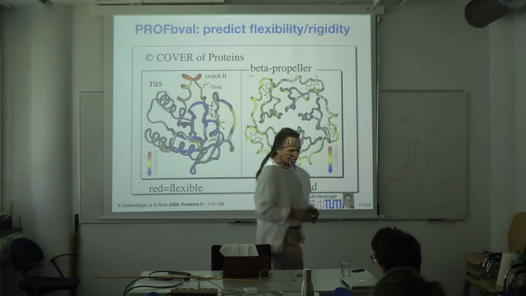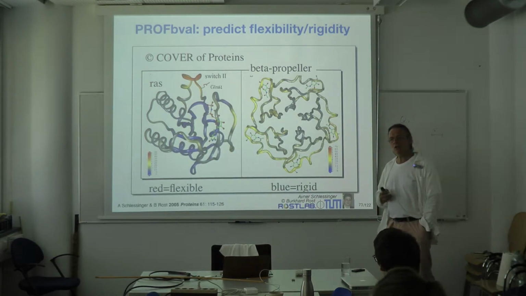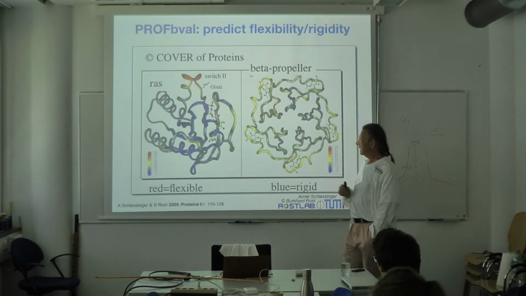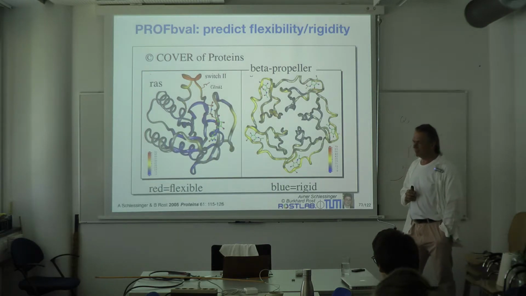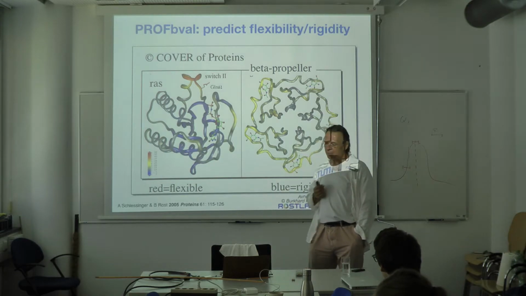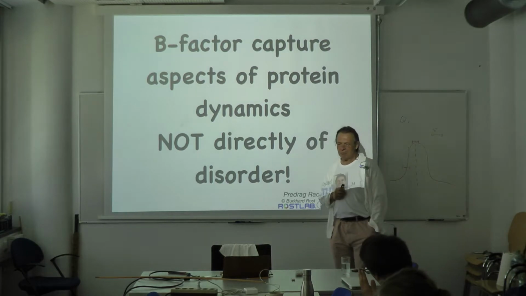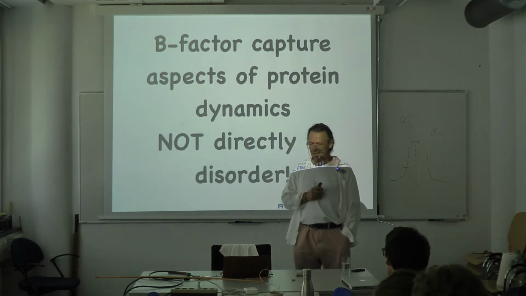So the same method can predict importance for 2 different things, and it's a classification that goes beyond conservation. This was in fact a cover photo from the journal Proteins. It captures clearly the aspects of dynamics, and it captures some aspects of disorder, but it's not directly disorder.